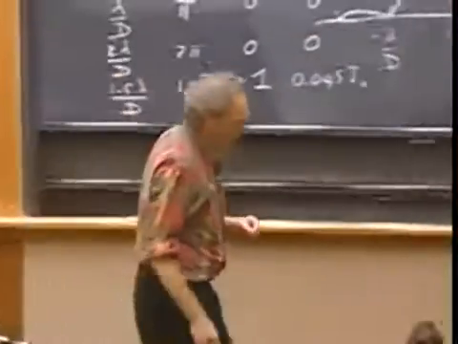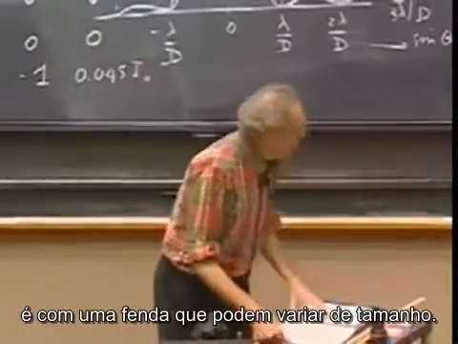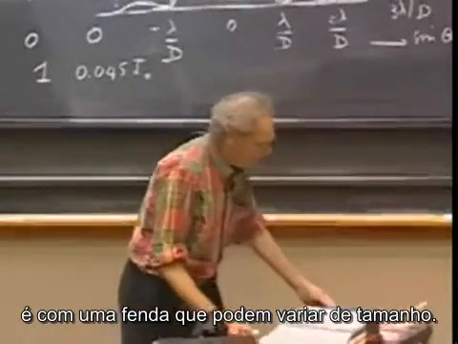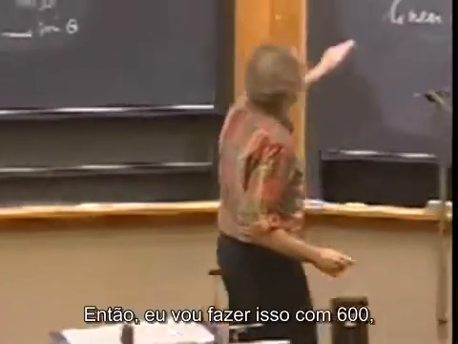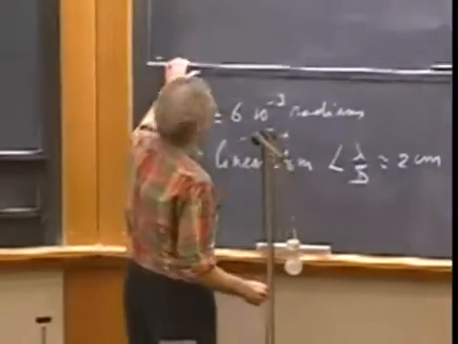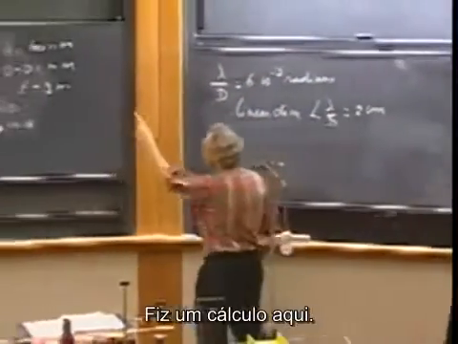All right, so now I want to demonstrate this to you. And the way that we're going to do this is with a slit that we can vary in size. I made a calculation here.